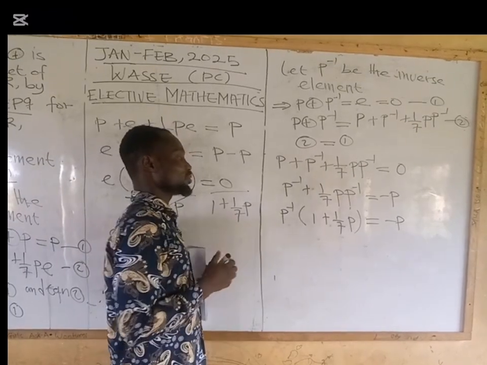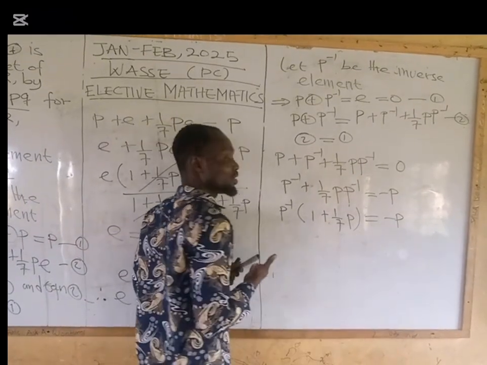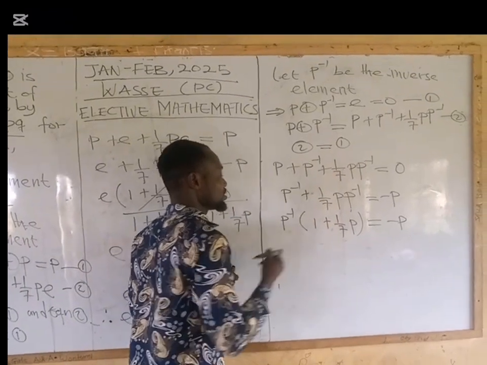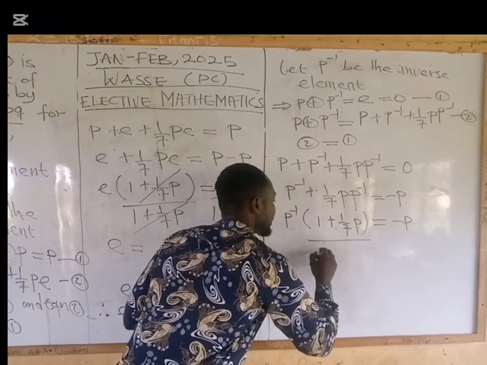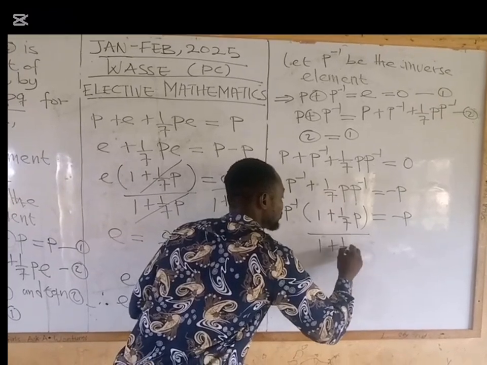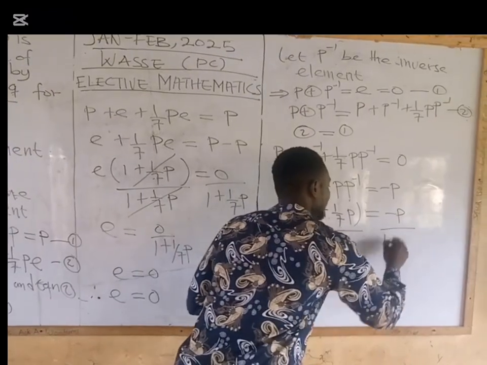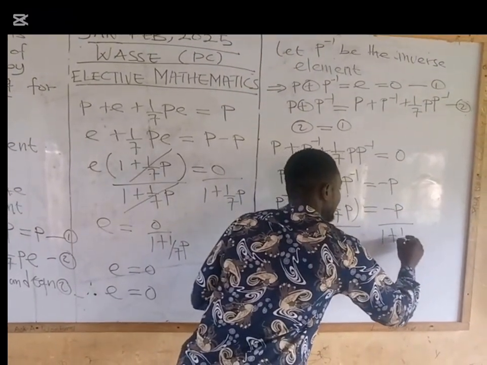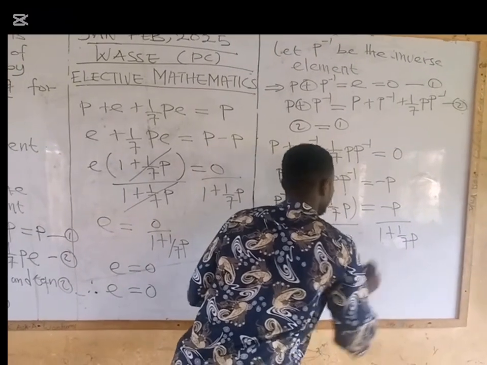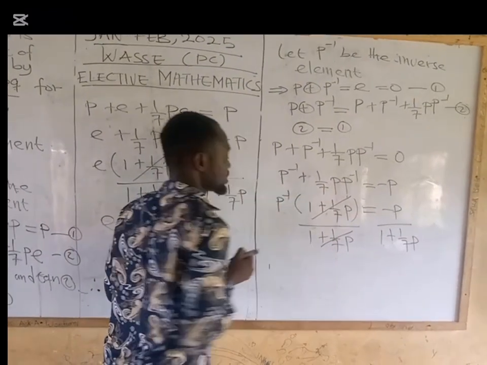What next? You have to divide through by whatever is in the bracket here. So dividing by 1 plus 1/7 P, also divide by 1 plus 1/7 P. So this cancels here.